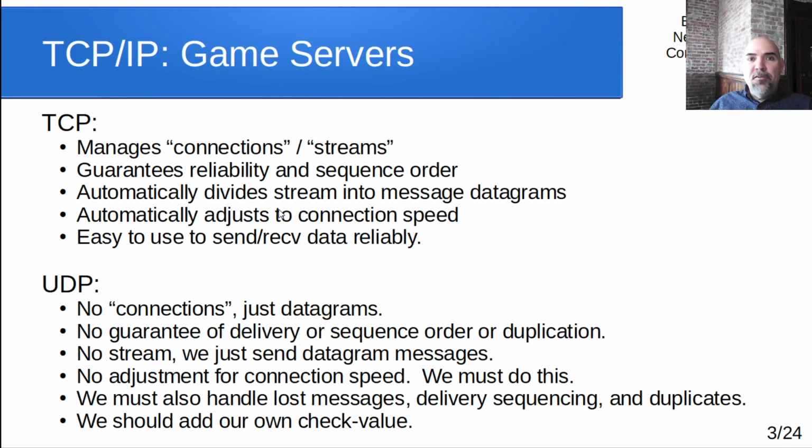And we can use it using the send function, the receive function, to reliably transfer data from one end of the connection to the other. Now, all of that reliability stuff sounds great, but the part that it comes at a cost of is this reliability and the sequencing take processing power and time, and just the way the protocol itself was created can make that unsuitable for certain kinds of game interactions.